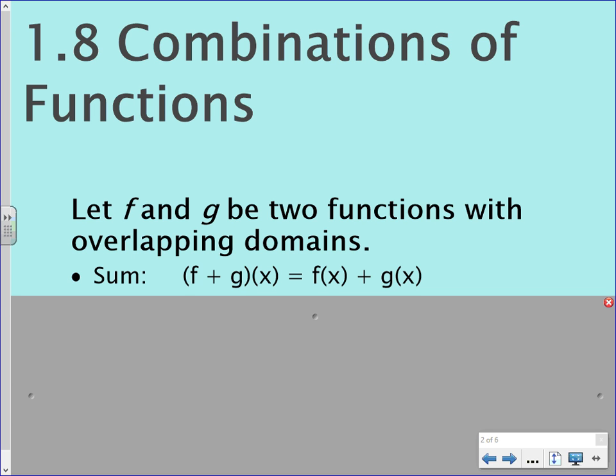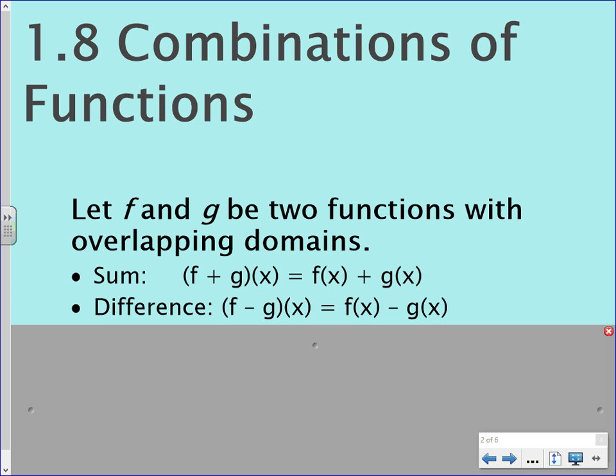The process, we add 2 functions together. Difference, same thing except with subtraction. Okay? (f - g)(x) just means we're taking f of x minus g of x. But this is the notation that you are going to see.